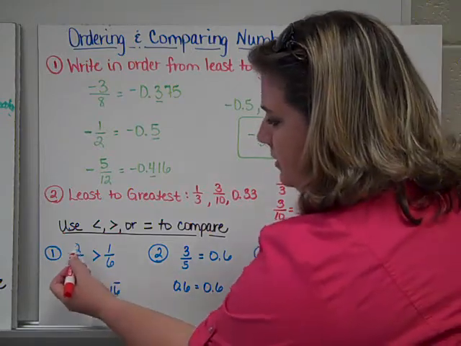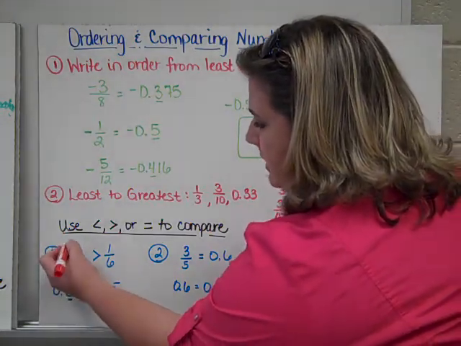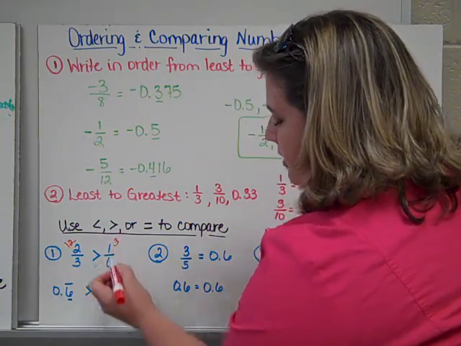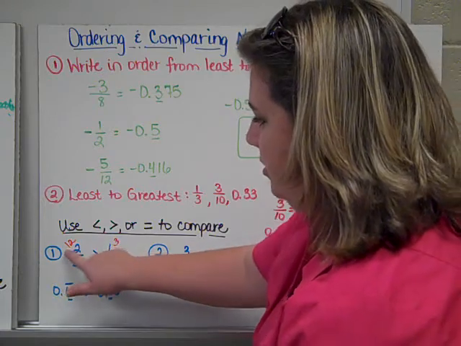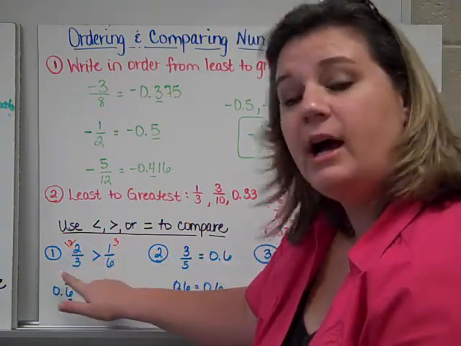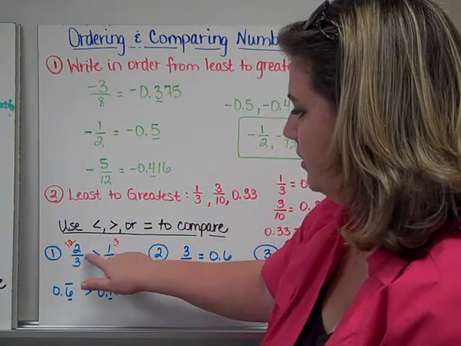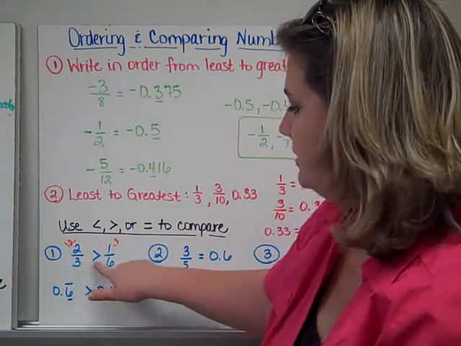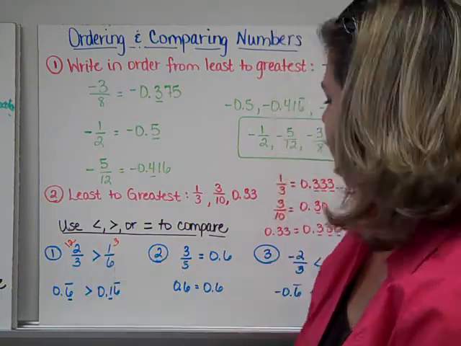So 6 times 2 gives me 12, and 3 times 1 gives me a 3. And remember, the higher number when you multiply corresponds to the higher fraction. So I know the greater than is going to be towards the 2/3. So 2/3 is greater than 1/6.